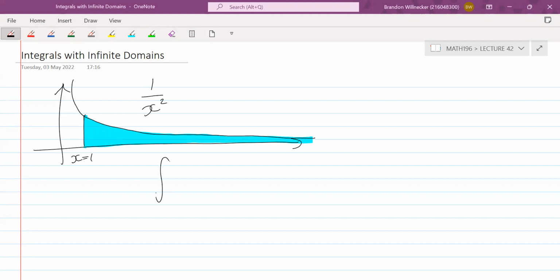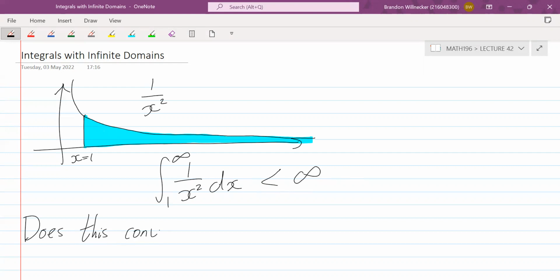In other words, this integral from 1 to infinity of 1 over x squared dx, is this less than infinity? In other words, does this converge, or does this diverge? And if it does converge, what is its value?